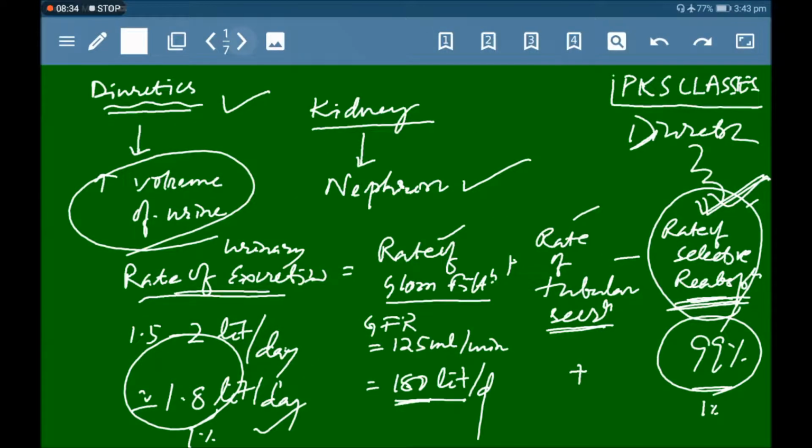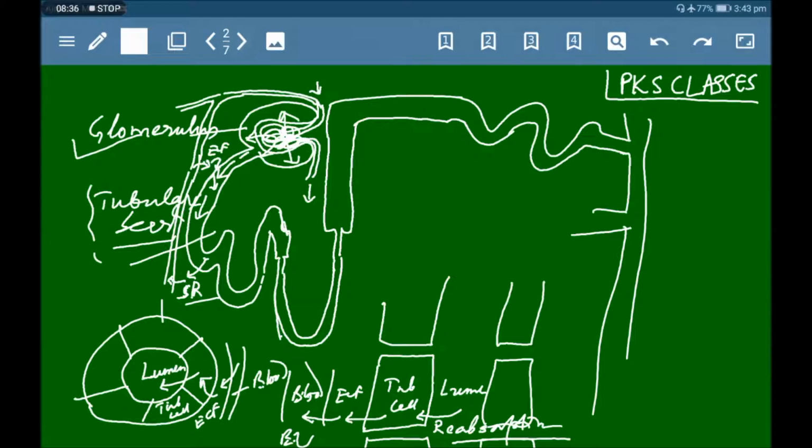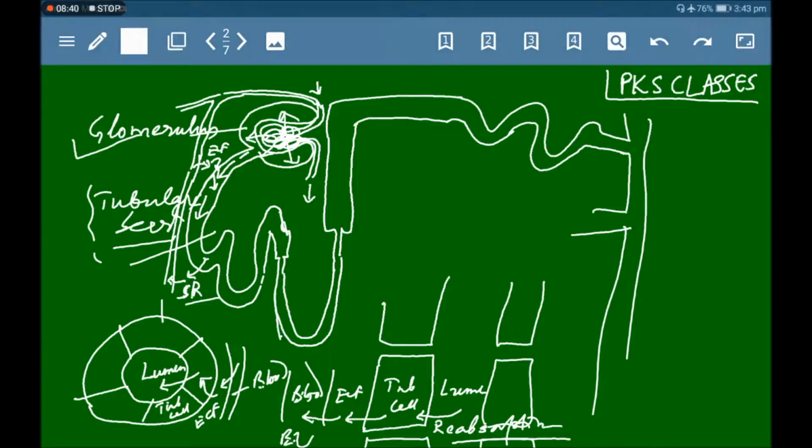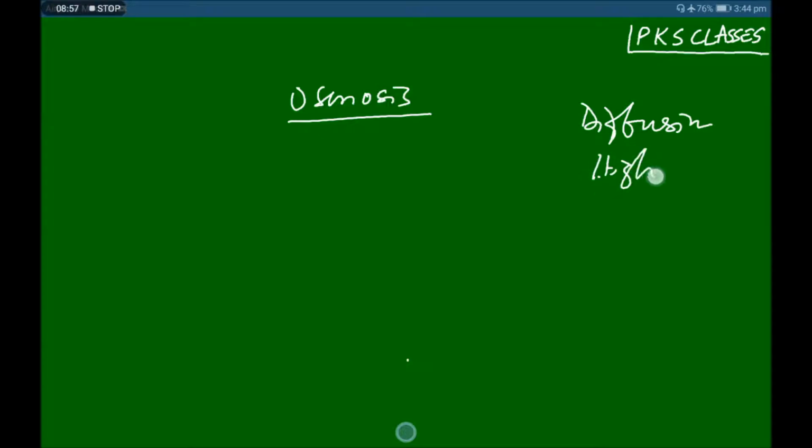Now, to know about diuretics, we should know another concept, that is osmosis. First, let us know what osmosis is. There is a process called diffusion. In diffusion, the substance flows from high concentration to low concentration through the concentration gradient.